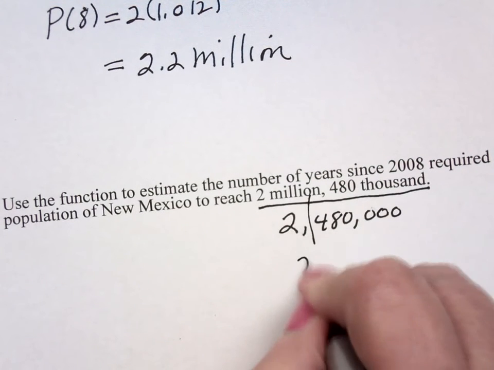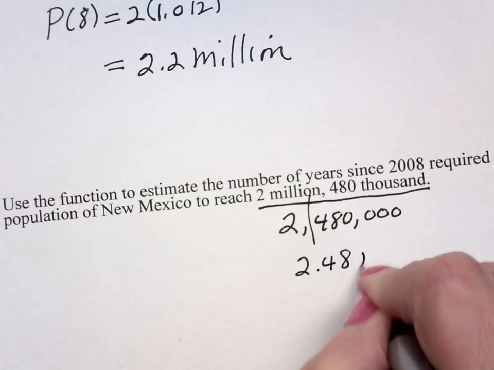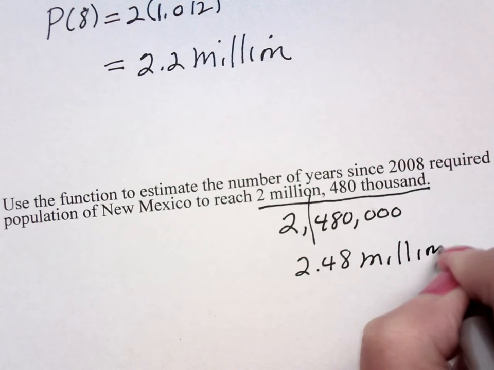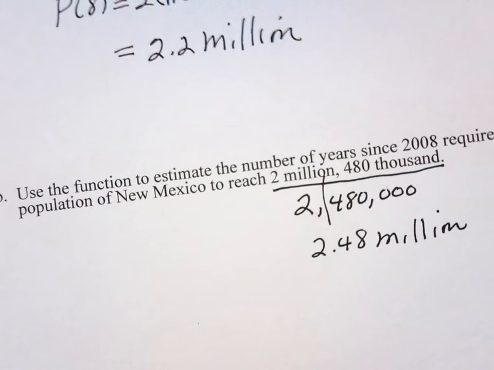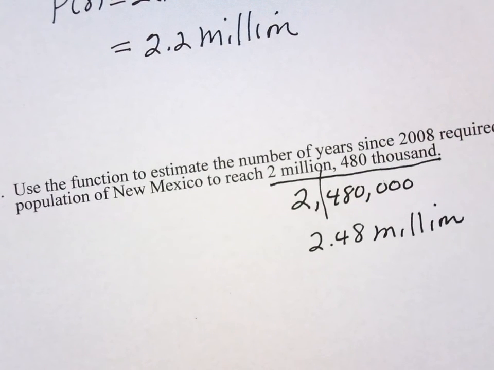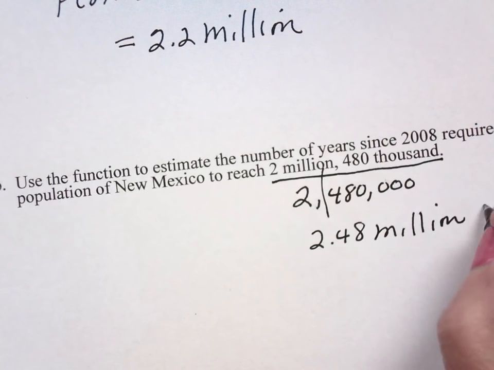Yeah, it's 2.48 million, right? Nasty book. So this is a Y value.